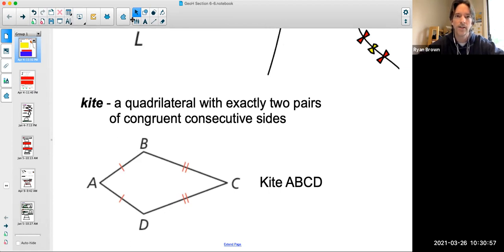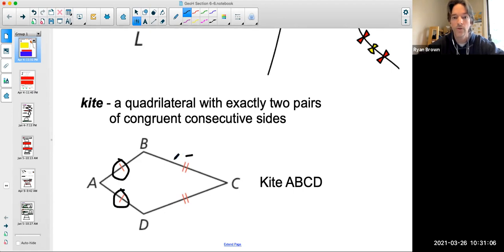So as you see here, you have AB and AD. Those two consecutive sides next to each other are congruent. And also over here, BC and CD are also congruent, but not opposite. Again, that would be a parallelogram. So a kite has two pairs of congruent sides, but they're not opposite, they're consecutive.